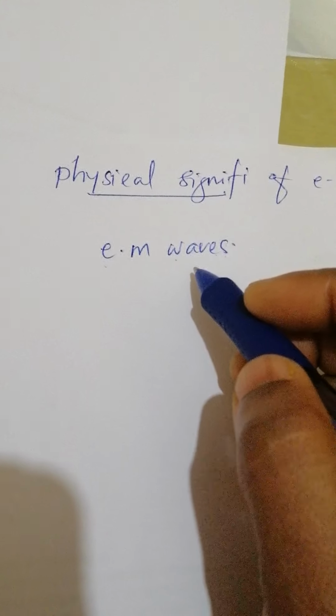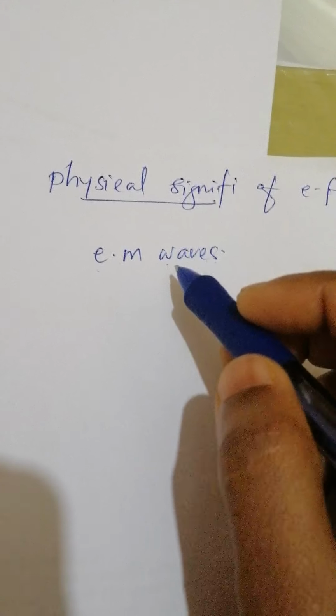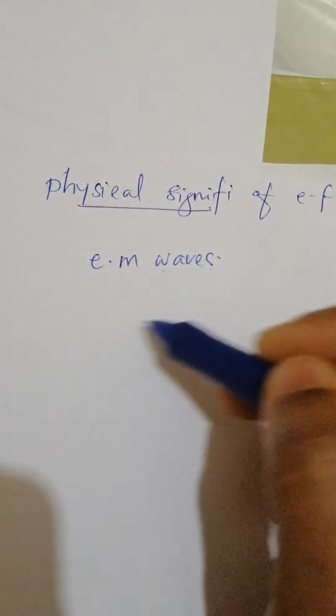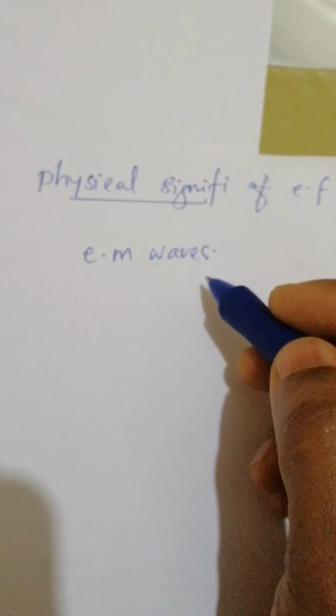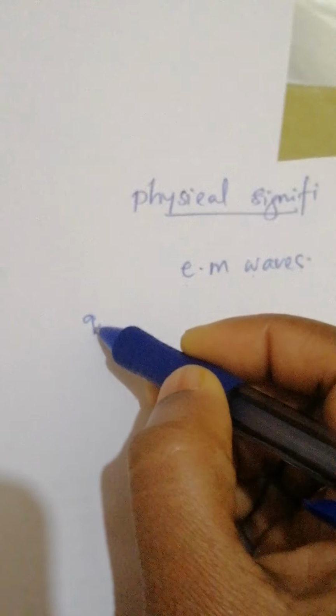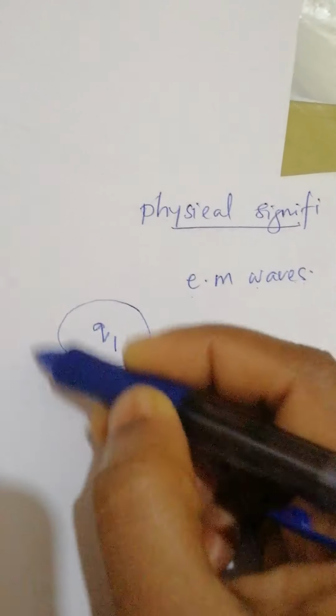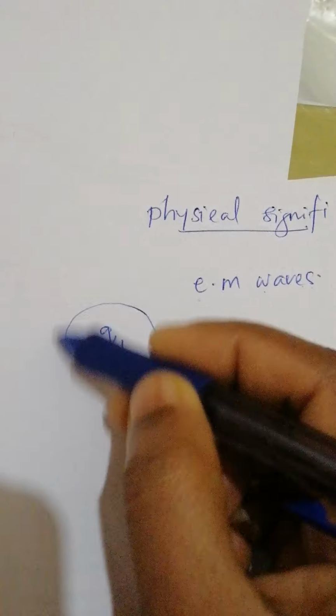And in the case of television broadcasting, we see that the signal or energy is transported using charge. So consider a charge q1 in motion. This charge in motion can produce electromagnetic wave around.